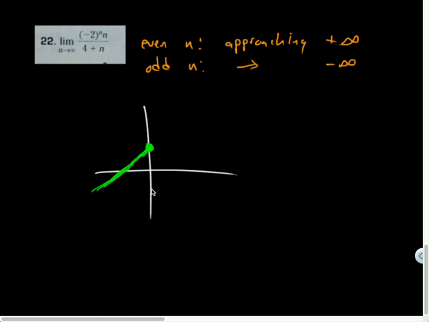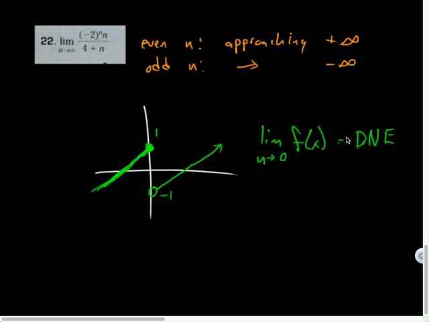But then down here, as I approach 0 from the right, it's approaching negative 1. So if I ask for this graph, what is the limit as x approaches 0? Because there's disagreement depending on what side I'm approaching it from, the limit would not exist. If this is f of x, I would say DNE, because it's not approaching the same number. It has to agree from both sides.